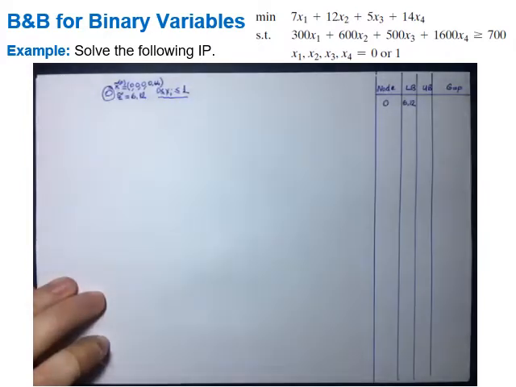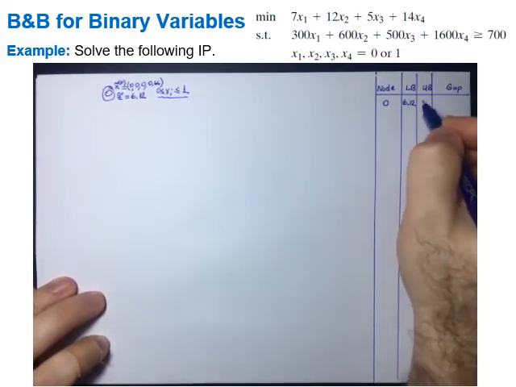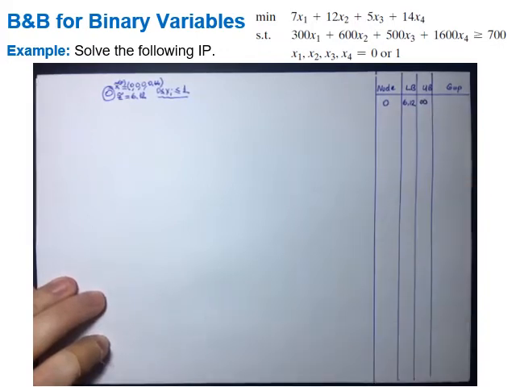What is the upper bound? So for this, you need to remember the branch and bound algorithm. In that algorithm, we said that if this is a minimization problem, we set the upper bound to plus infinity. And the gap value for a minimization problem should be upper bound minus lower bound divided by the lower bound.